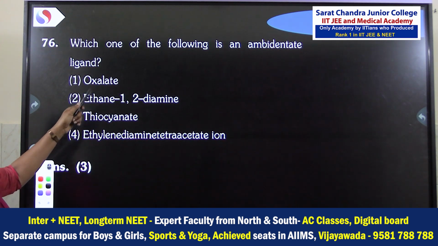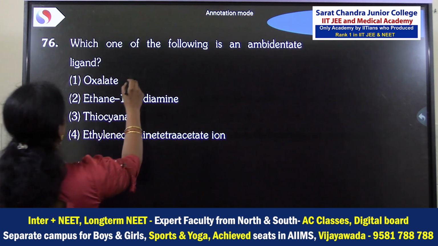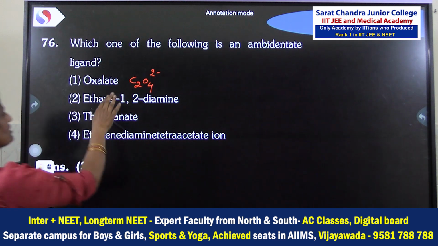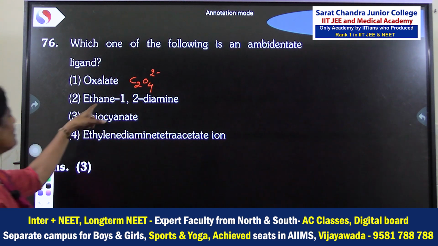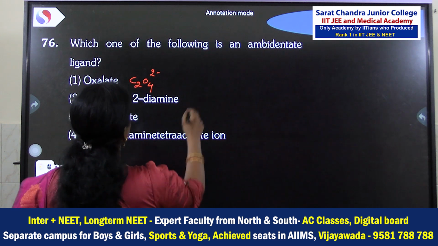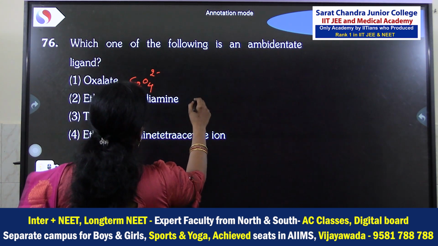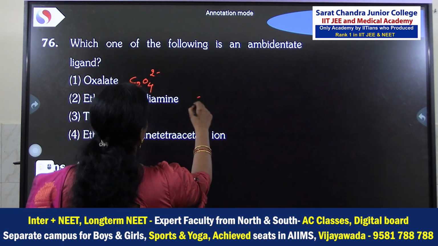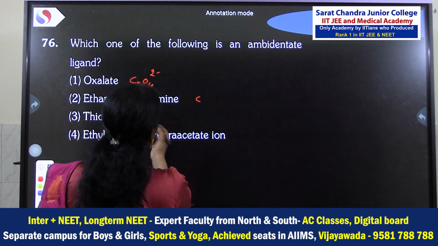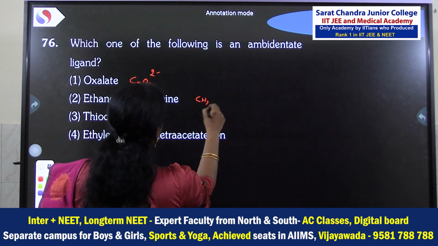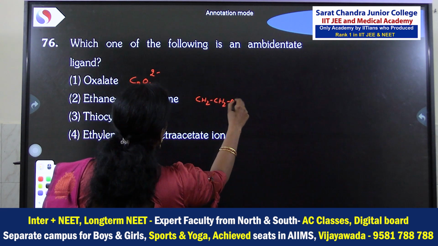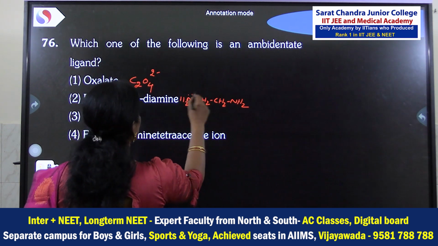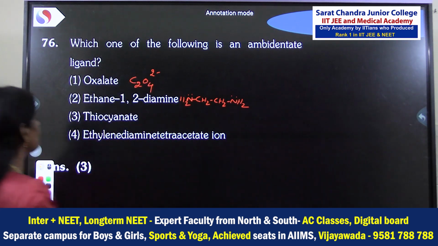Oxalate ligand, C2O4 2 minus, is a bidentate ligand, but it is not an ambidentate ligand. Ethane 1,2 diamine is also bidentate. Ethane 1,2 diamine means CH2, CH2, NH2, and on the other side one more NH2. So two donor atoms. So it is also a bidentate ligand.